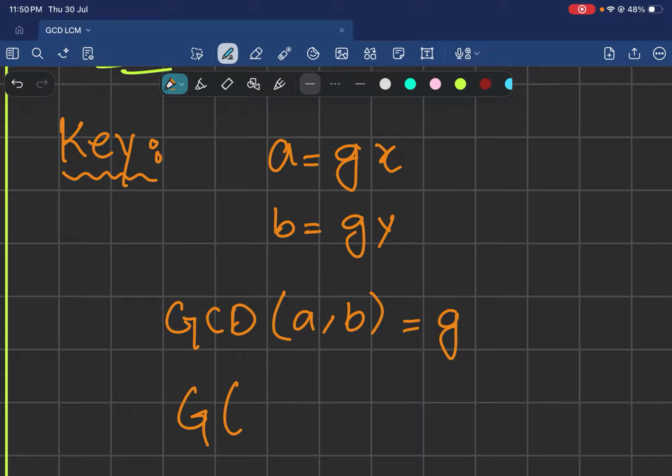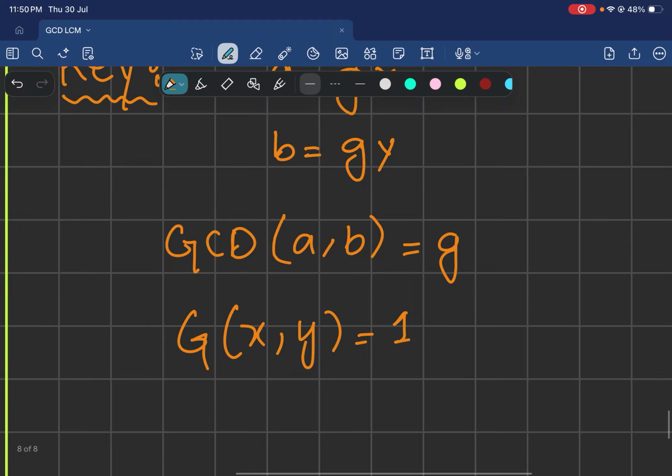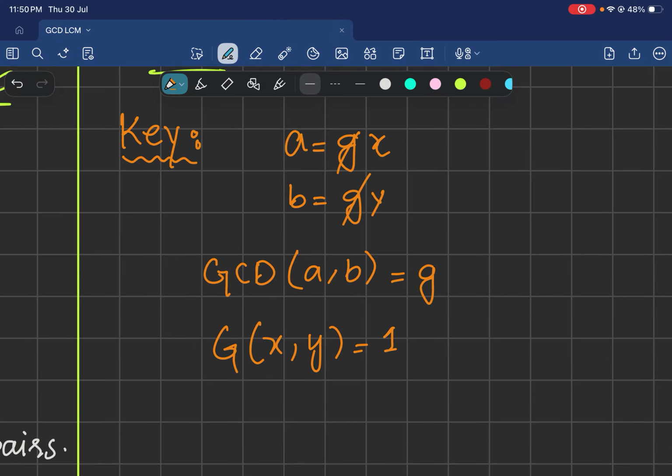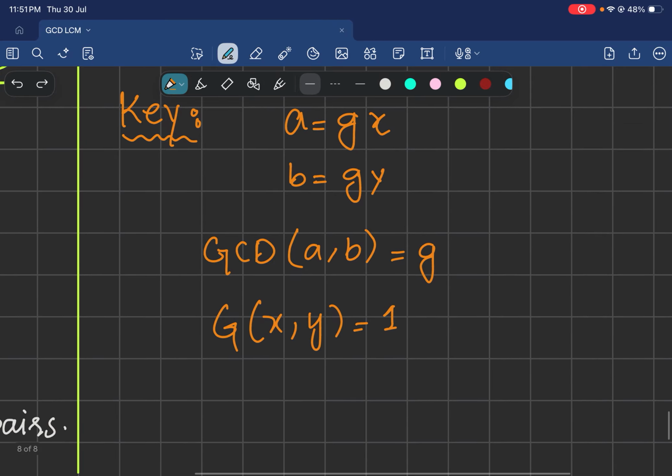So GCD of X and Y would be 1, since all the common factors are already excluded, so X and Y are co-prime, okay?